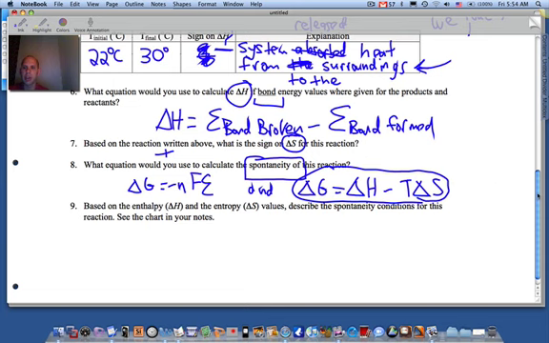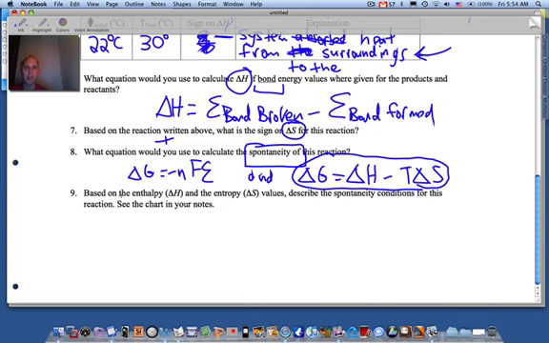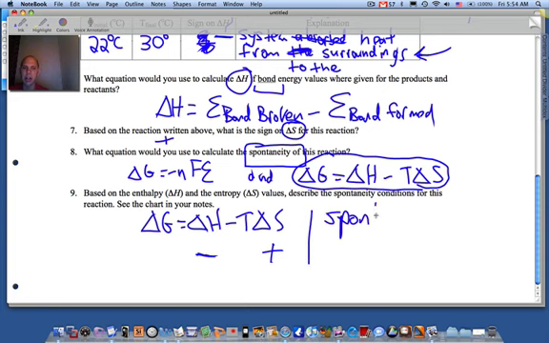We're going to go for that equation. Okay, spontaneity conditions. So if delta G equals delta H minus T delta S, and delta H is negative, and delta S is positive, we're going to look on our chart, and it's going to be spontaneous at all temperatures.